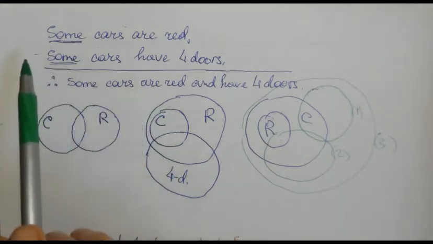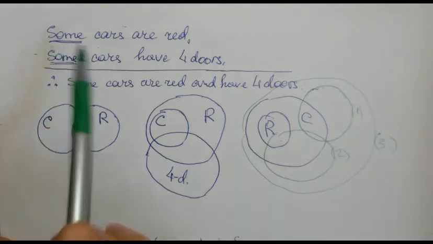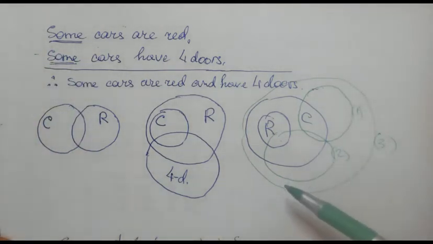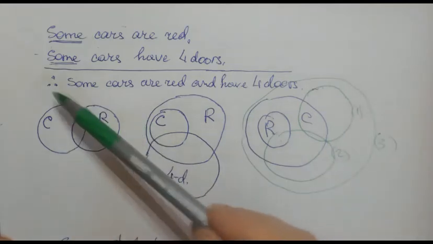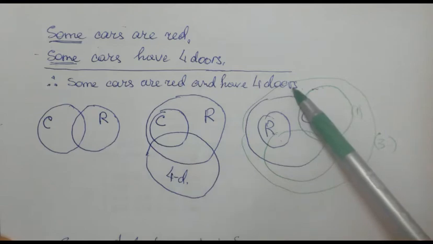When we work with a syllogism containing some or any other syllogistic pictures, we can prove that a syllogism is invalid by only one picture that shows that the conclusion is not satisfied.